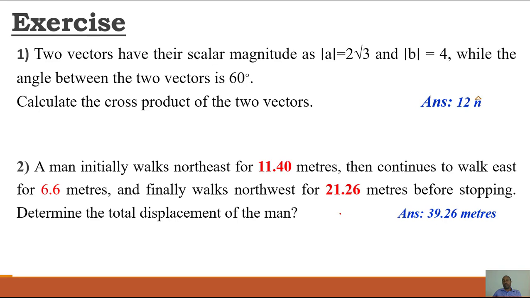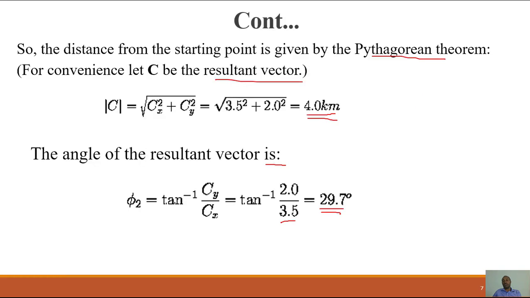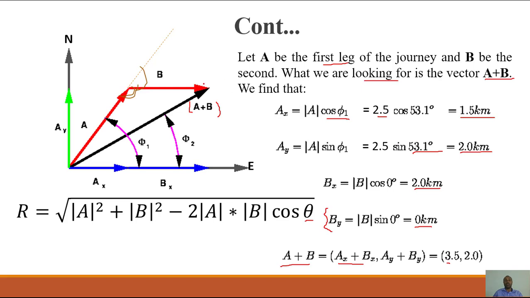Then you can find the resultant, which is the displacement, so the resultant vector, or you can apply the parallelogram method. Just you have this one, then you have to compute this angle. If you compute this angle, then you can find the resultant of these two vectors, or you can use the sine law with this angle and this angle.